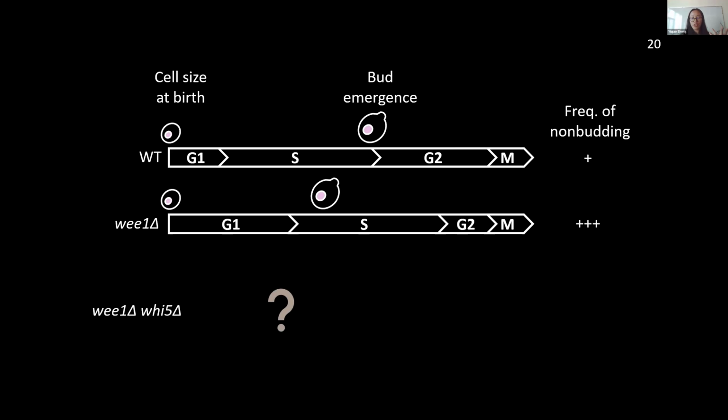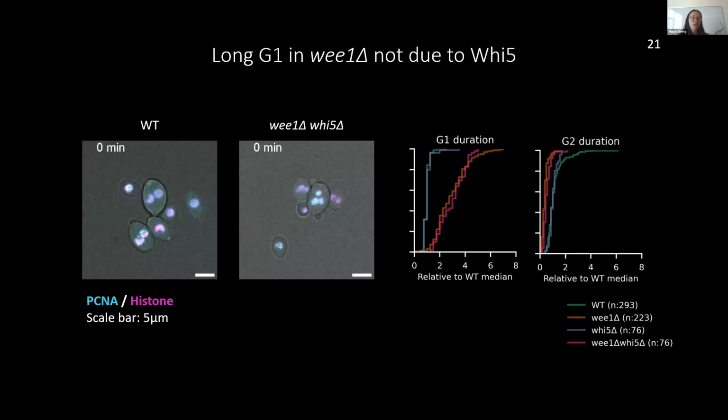So just out of my personal curiosity, I made this strain where I delete the V5 gene in the V1 delete background that has a much longer G1.